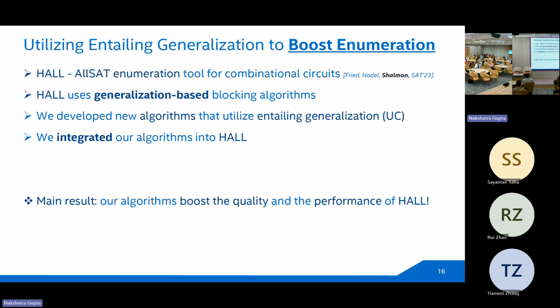So if we can generalize better, the algorithm will be more efficient. So we developed new algorithms that utilize entailing generalization instead of satisfying generalization, and we integrated them into our tool. So our main result is that the new algorithm boosts the performance and the quality of our tool.